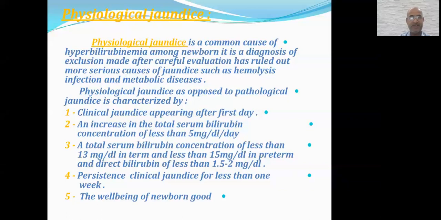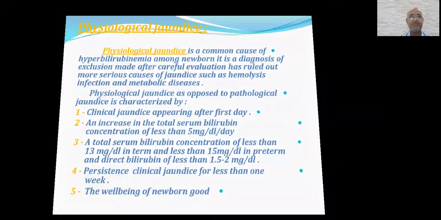It should not appear the first day. Daily increment not more than 5. And total not exceeding 13 for mature, and maybe more for premature because of immaturity of the liver enzyme. These criteria should be kept in mind. This should be differentiated from the pathological.